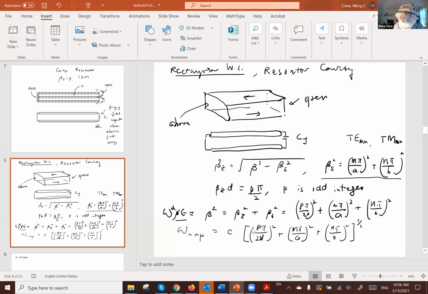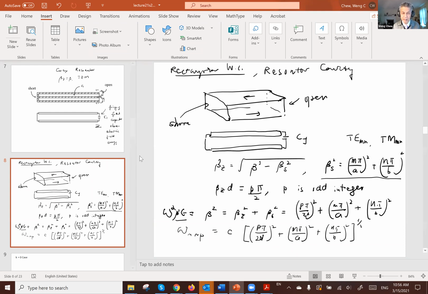If you take this over to the other side and take a square root, this would be the resonant frequency of this rectangular cavity. Are there any questions so far regarding how we find the resonant frequency of a rectangular cavity?